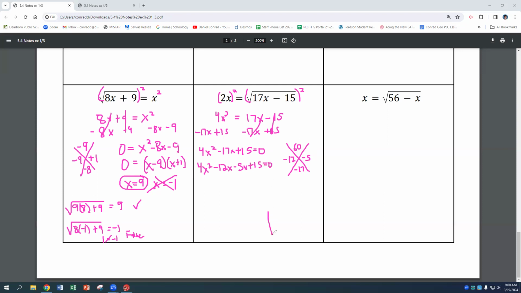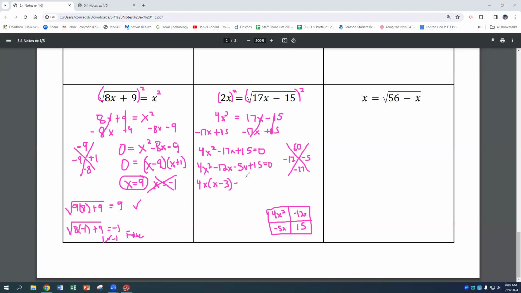Okay, if you want to do the box method, you would have 4x squared minus 12x minus 5x and then 15. When I factor out of the first two, I'm going to have a 4x, and what's left here is going to be x minus 3.